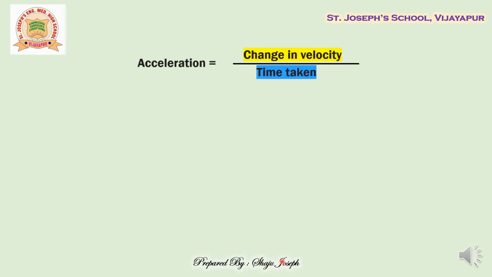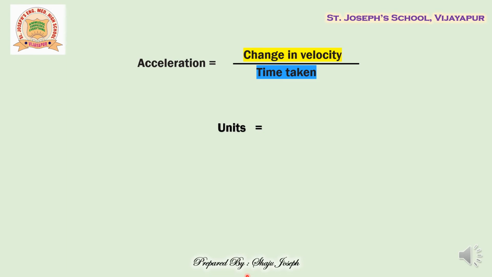Now let us see how we can apply this formula that we learned just now. Acceleration is equal to change in velocity by time taken. First, the units. Let us try to derive the units from what we already know. You know the numerator is change in velocity. So both the units are the same.